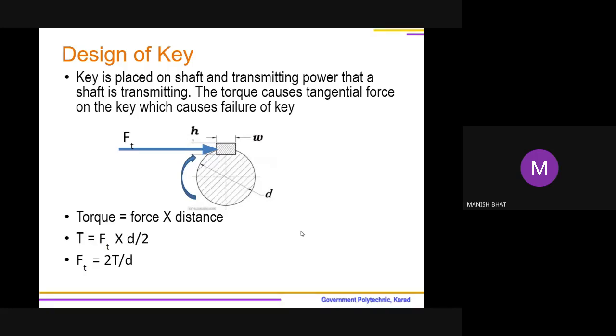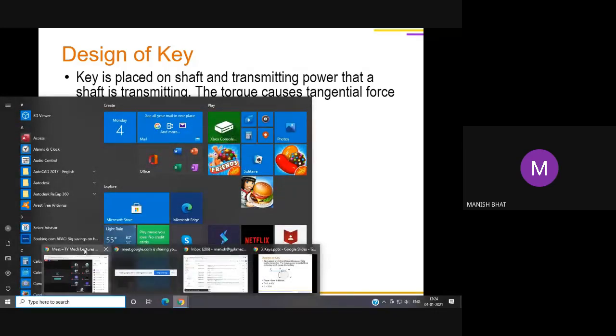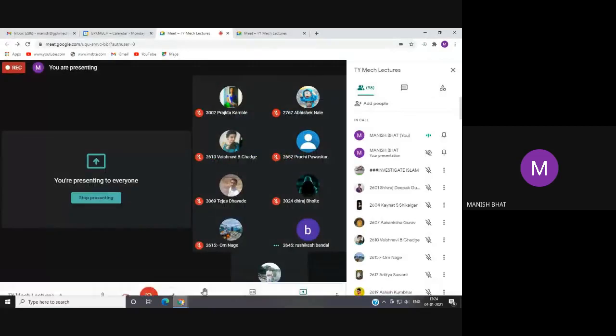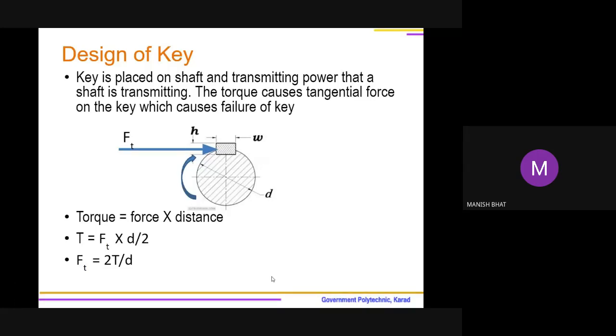So it is indeed necessary for us to learn how keys are designed, because you are observing that as compared to the shaft, the coupling and other sprockets, gears, this has a very small cross section. It is important because it is transmitting the same power that the shaft is transmitting.